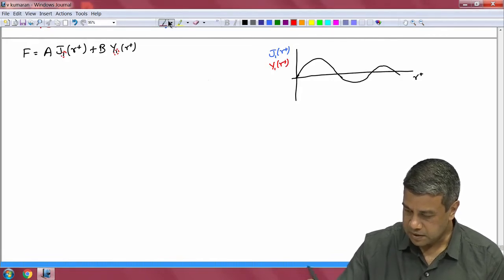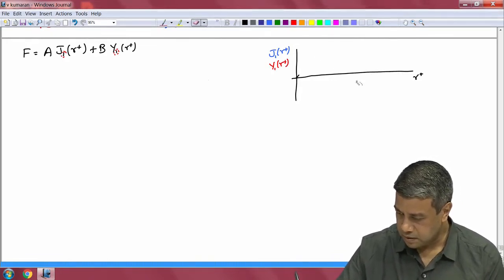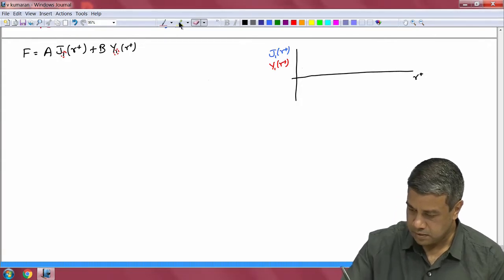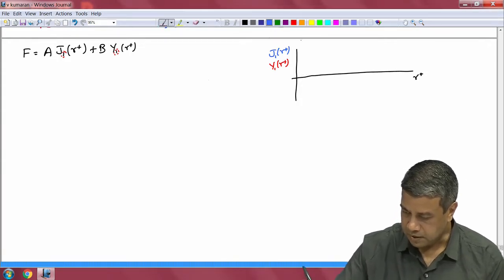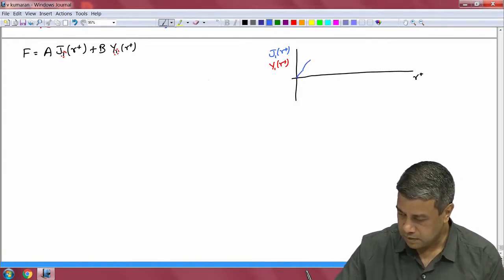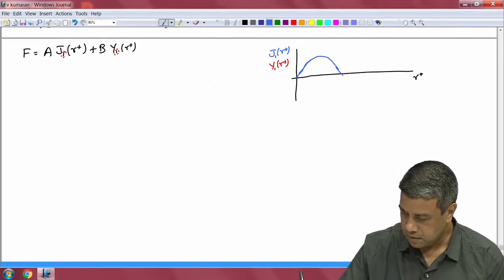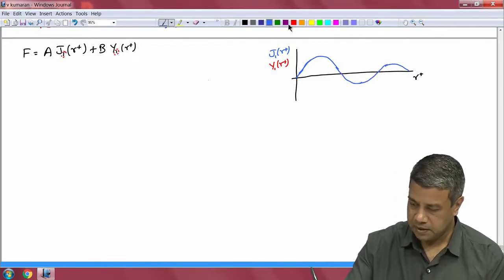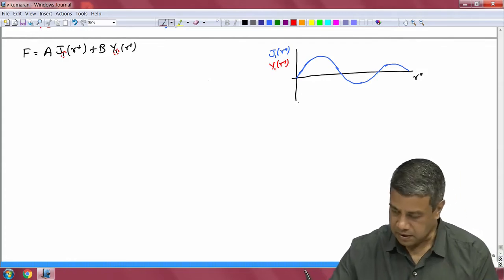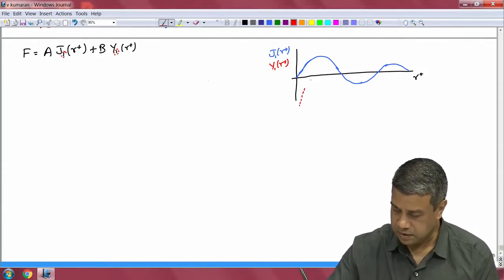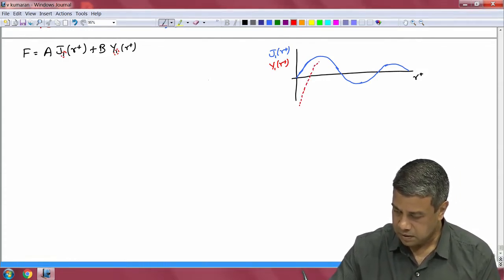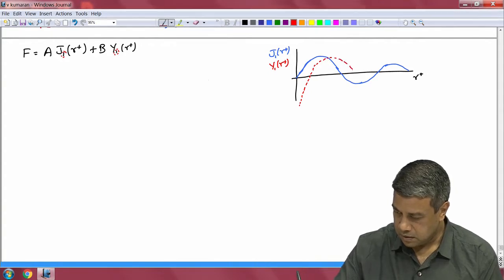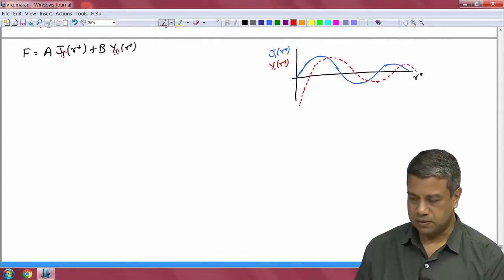Since this is J1, I'll write it in blue. And Y1, in red, actually goes as 1 over r plus as r goes to 0.